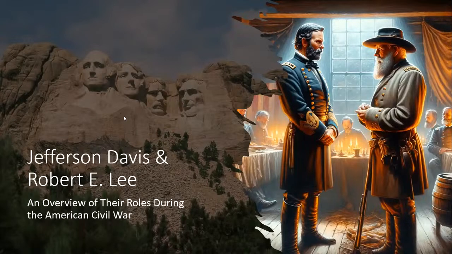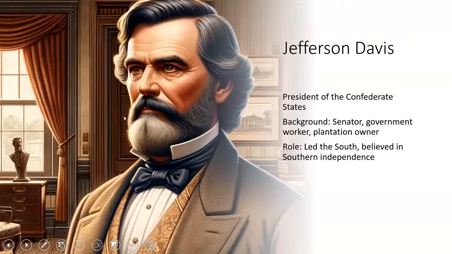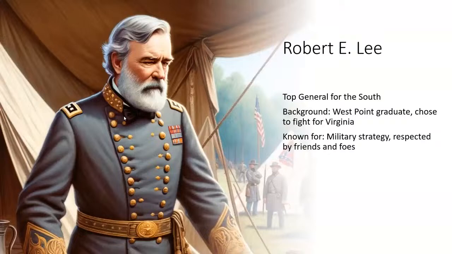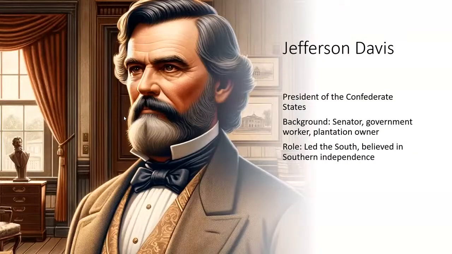Now, Confederate leaders recognized Lee as a superior military leader compared to this guy, Jefferson Davis. So we have two people at play: Jefferson Davis, the president of Confederate States, and Robert E. Lee. Robert E. Lee was known for his military strategy, and he was respected by friends and foes. Jefferson Davis, on the other hand, had a background of a senator.